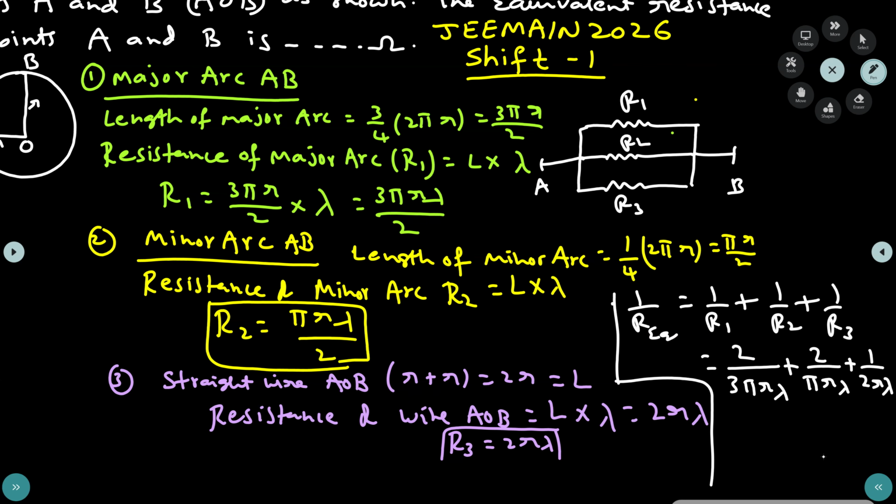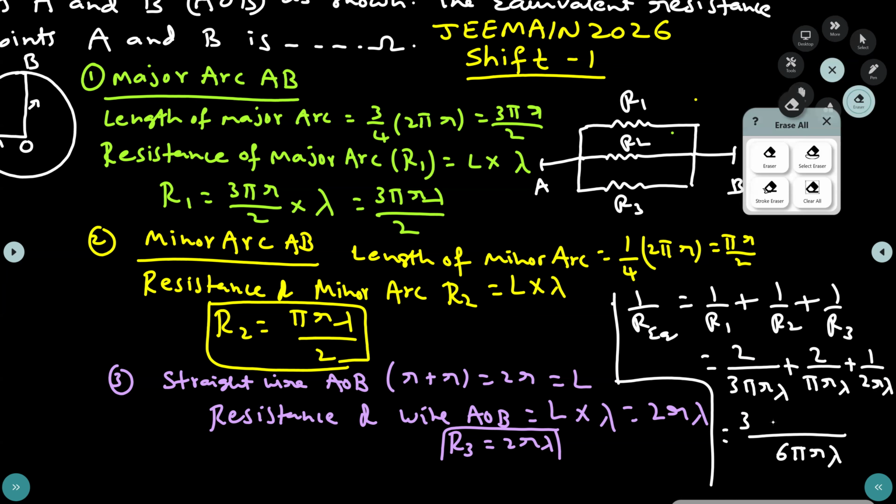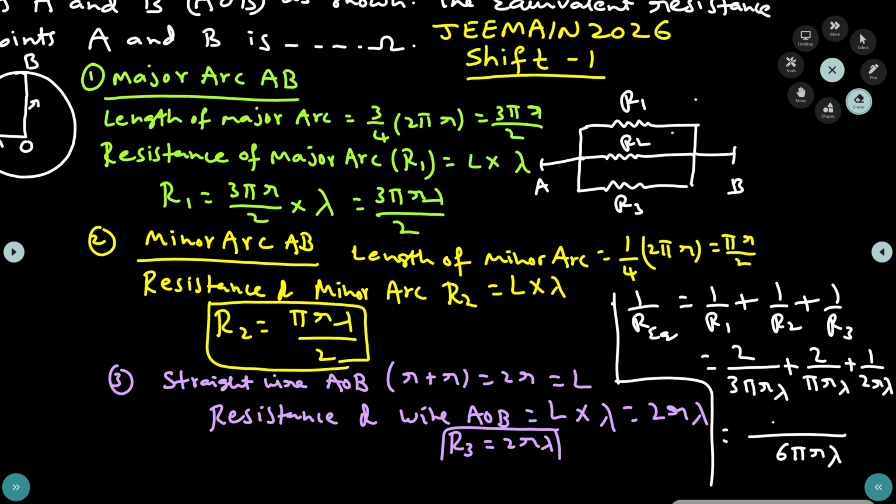Yes, now take the LCM. What is the LCM here? 6 pi r lambda. So here we get 2 into 2, 4, and the middle one 2 into 6, 12, and the last one, pi not there, you can write 3 pi.